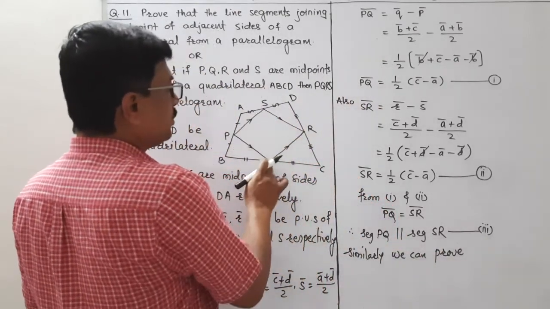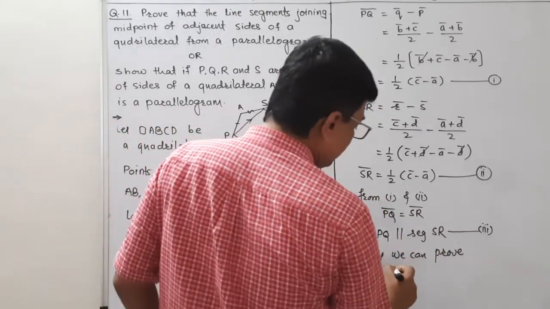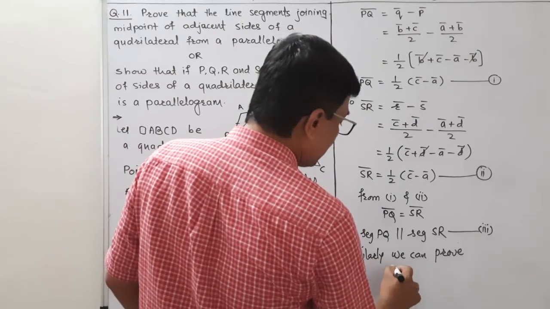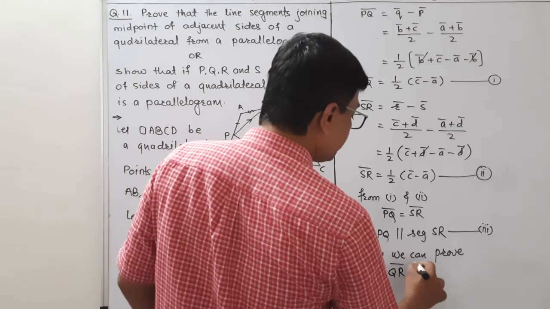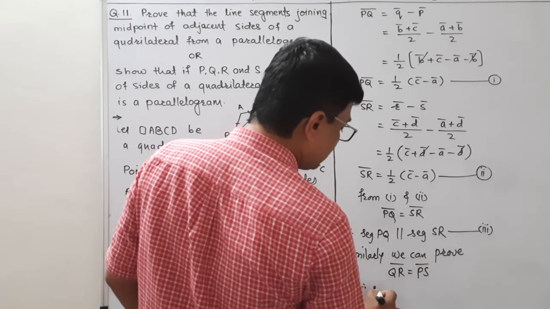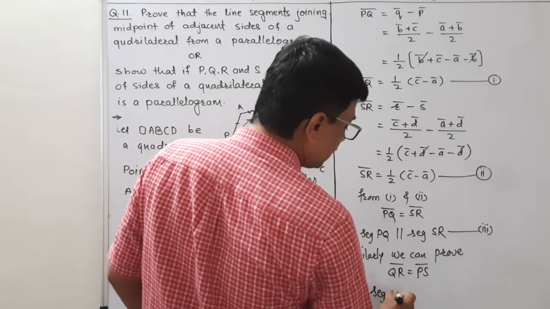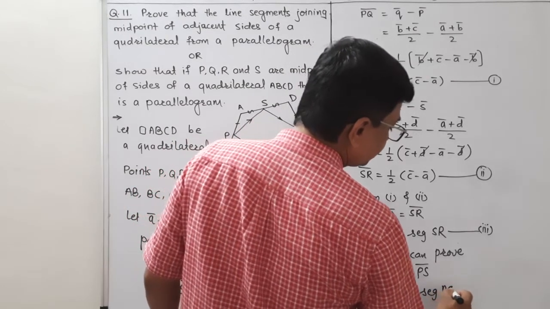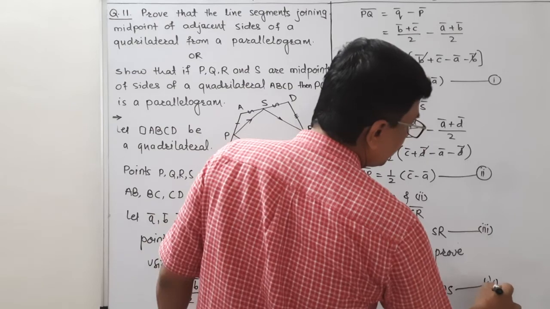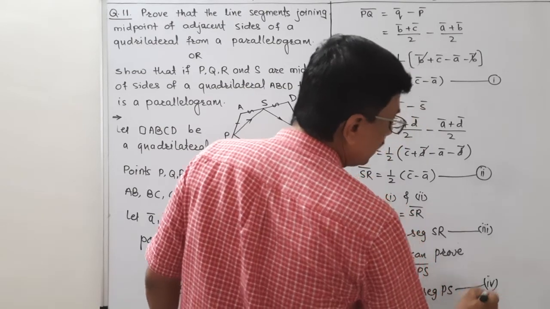that QR vector is equal to PS vector. Therefore, we can say that segment QR is parallel to segment PS. And then from third and fourth, what can you observe?